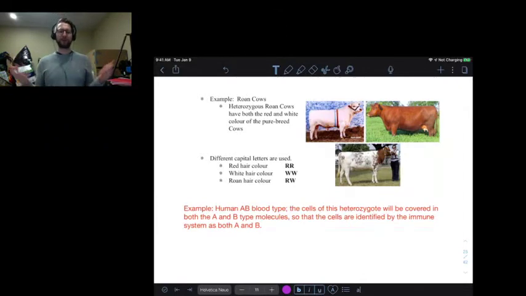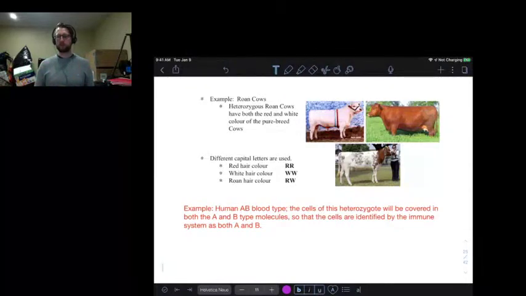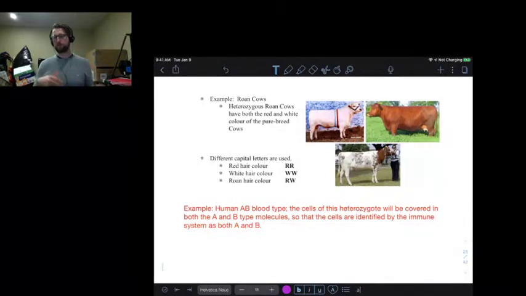So it would be C blood, something new and unique, and your immune system would have a new, unique way of responding to it. Instead, we have AB blood, and the immune system can use either A or B antigens to attack that blood type. It is both.